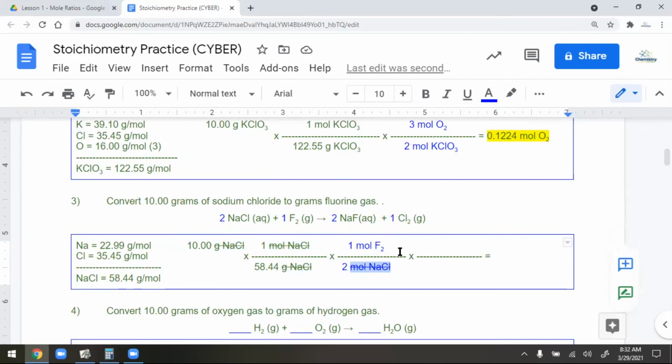Fluorine itself has a molar mass of 19. Because we have F2, that's going to be a molar mass of 38. So in this case, we're going to have 38.00 grams of F2 for every 1 mole of F2.